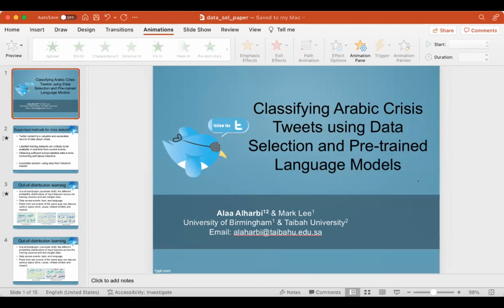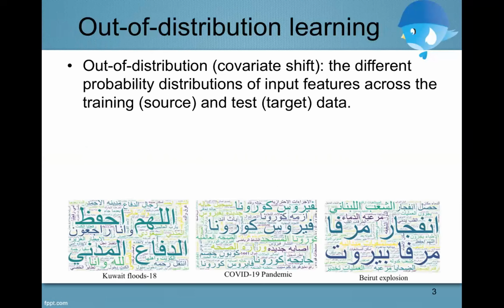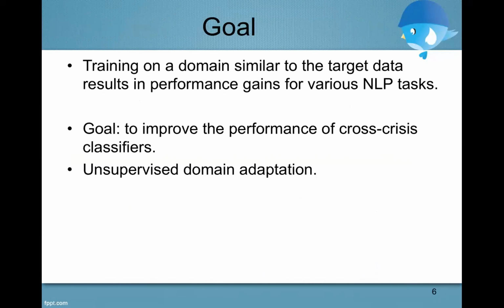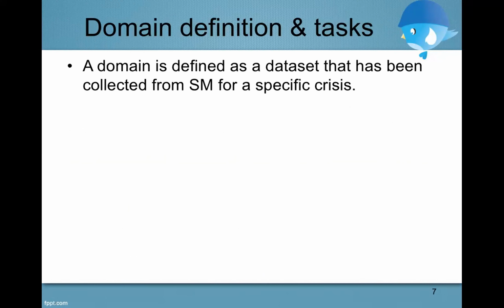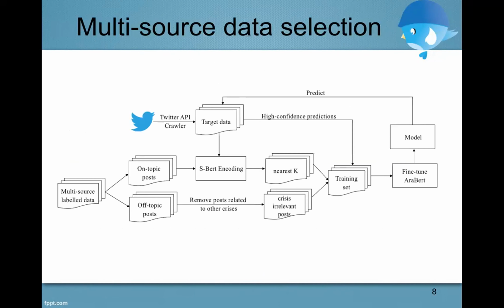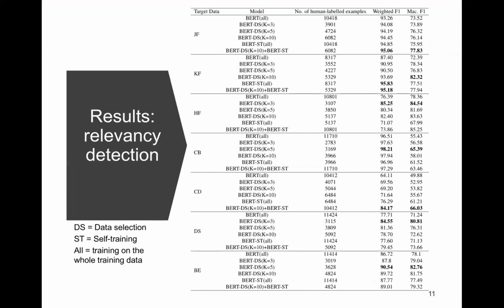Thank you for the great work, Ala. So I have a few questions. First, if you go back to the distribution of different tasks for the COVID, for the Kuwait crisis, etc., I expected to find a huge number of tweets related to COVID. And in your table, you find very few tweets like this. So the table that shows the number of tweets for each crisis.